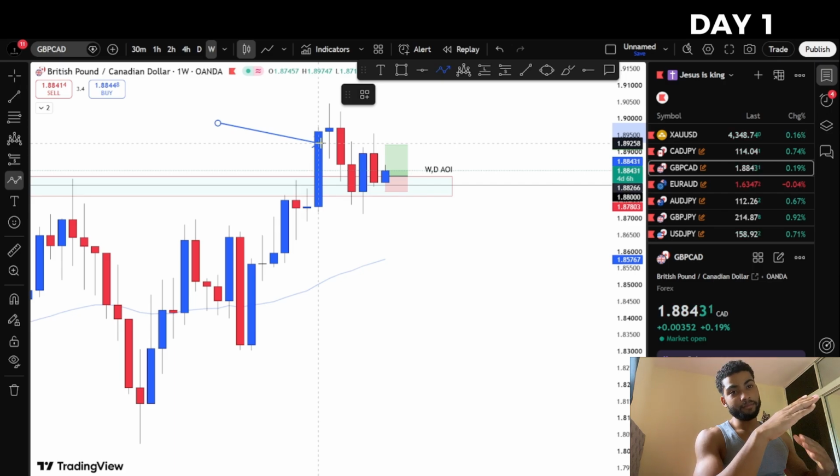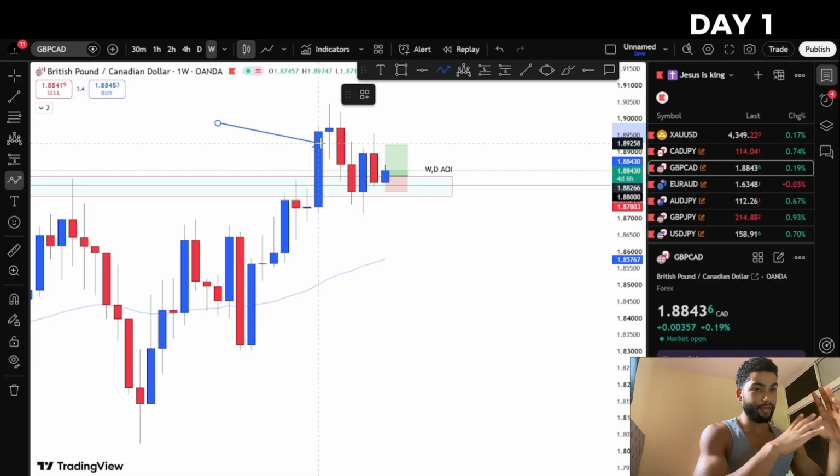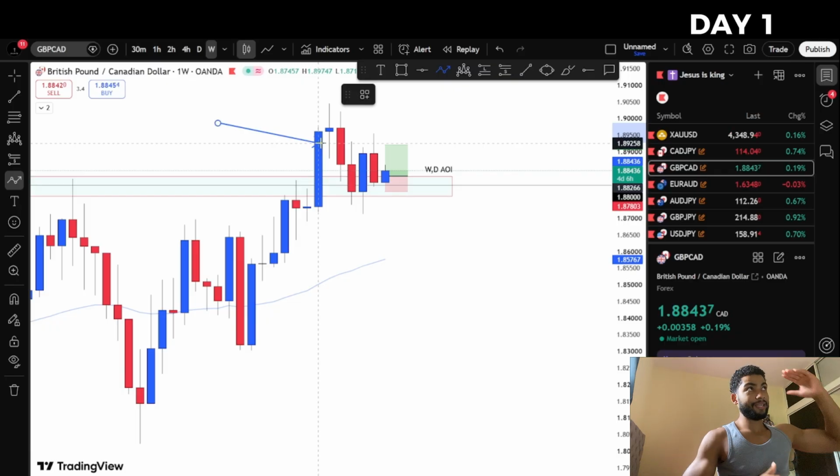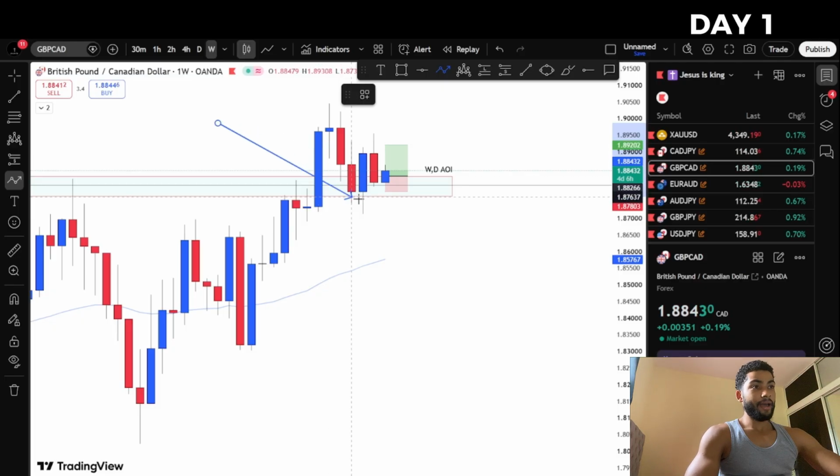Whenever price is above, it's going up. That's why it is called support and resistance. Whenever price is below, it uses it as resistance. It's like a ceiling. And whenever price is above it, it uses it as support. So now price is above this area.